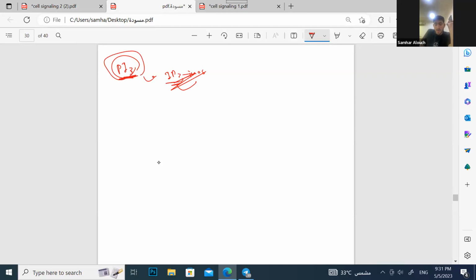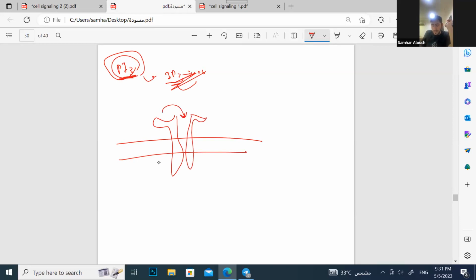So the PI3K pathway is a much different pathway, and it's related to a tyrosine kinase. So how does it work? It's like this. We have the membrane, we have the tyrosine kinase receptor, and once the ligand binds, the tyrosine kinase gets activated.